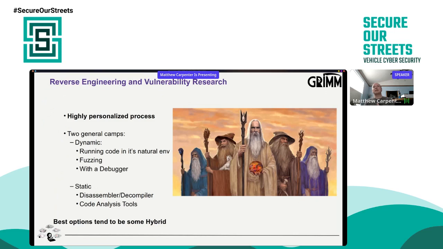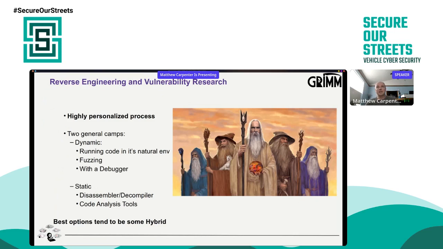There are two basic camps for vulnerability research, though. There's the dynamic camp, who like to run fuzzers and run code in the environment that it's supposed to be in, typically with a debugger attached, because if you're fuzzing and you cause a crash, you want the debugger attached so you can jump in and play with it.